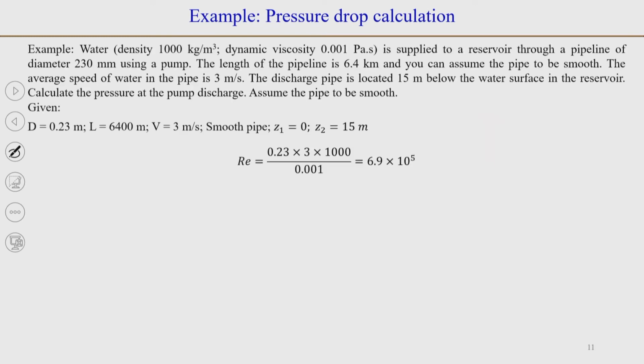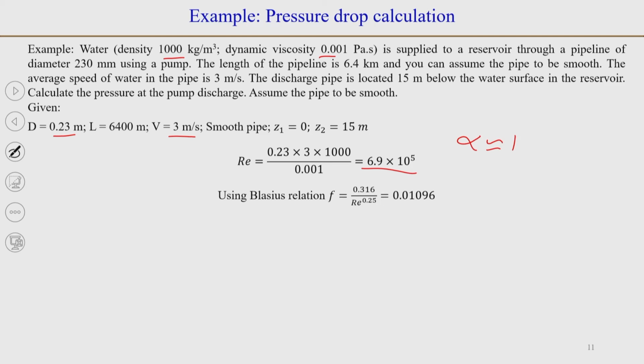Now, we can calculate the Reynolds number, because we know the diameter, the velocity, and the density and viscosity of the fluid. The Reynolds number comes out to be 6.9 times 10 raised to the power 5, which means the flow is turbulent. This also suggests that the value of alpha is going to be close to 1.